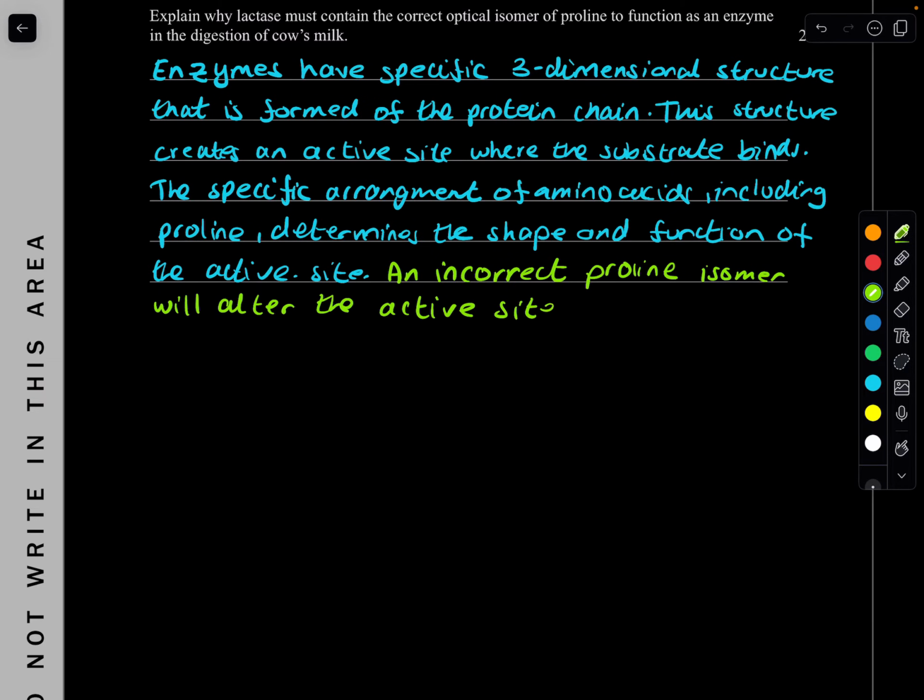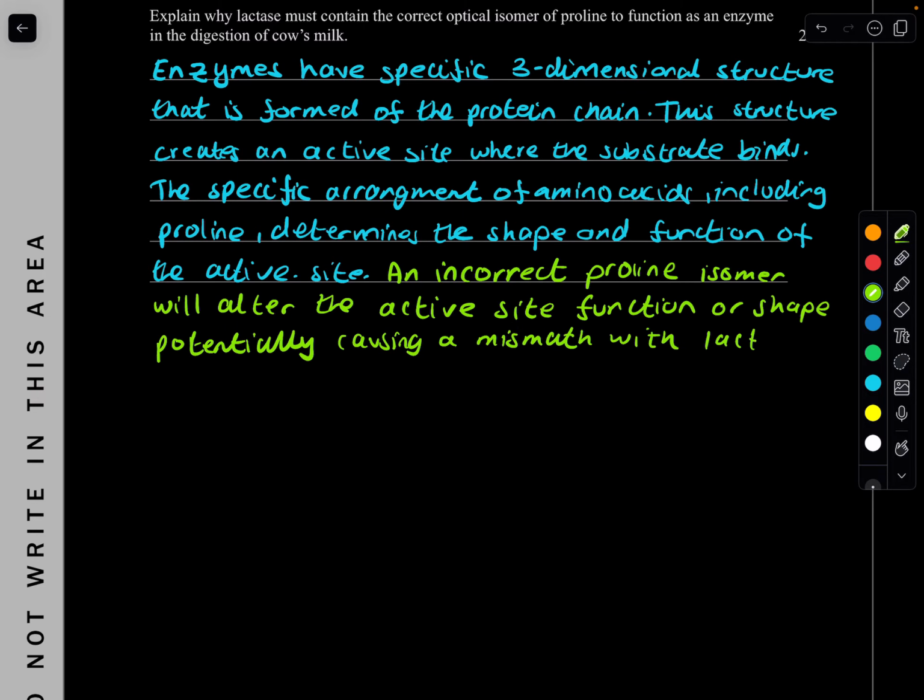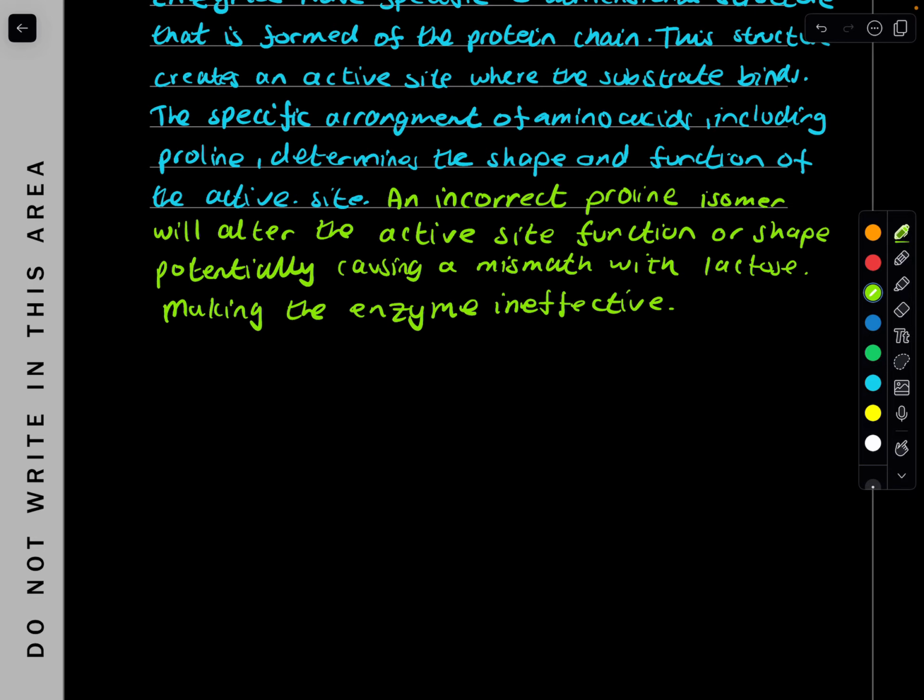An incorrect proline isomer will alter the active site function or shape, potentially causing a mismatch with lactose, making the enzyme ineffective. And so that's why you need to have the correct isomer.